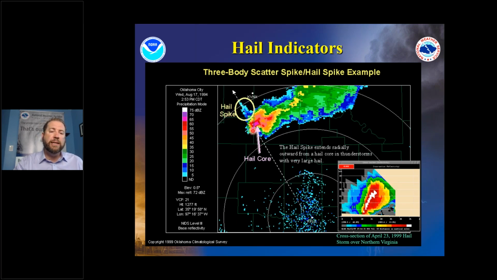This is what's known as a three-body scatter spike. So the radar itself will actually show us different principles of how the radar will look in terms of how we can detect hail. That used to be a really good sign of large hail, but now with our increase in resolution, we see those a little bit more often than we did before.